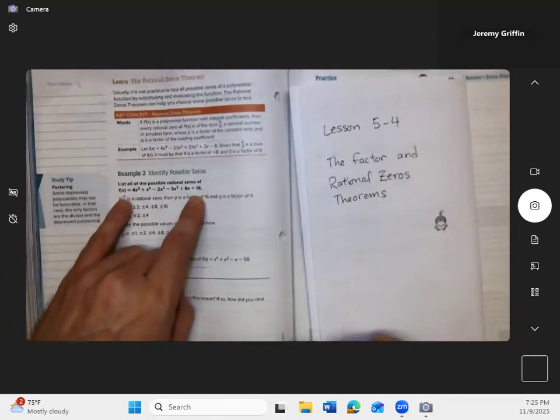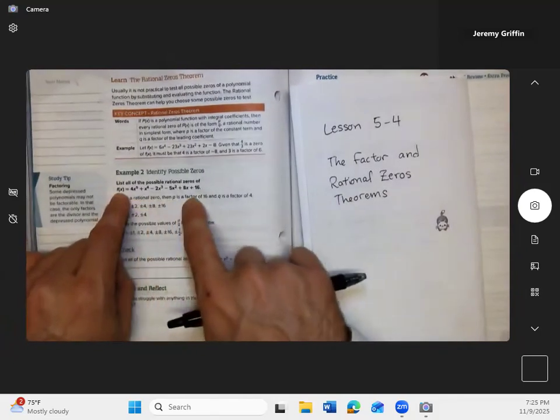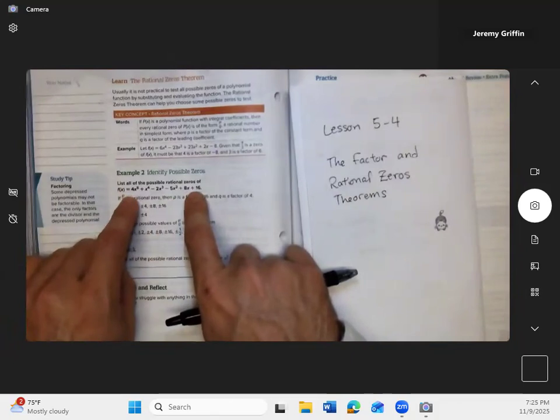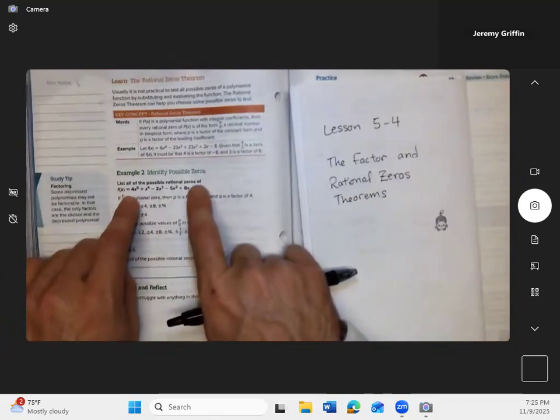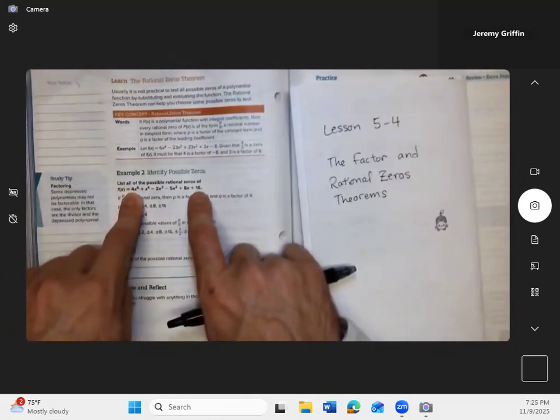And what they do, just very simply, is say, if you expand out the polynomial in standard form, like they have here, you look at the coefficient on the very last term, which would be this constant, and then the very first term, the leading coefficient on the highest degree power of x.